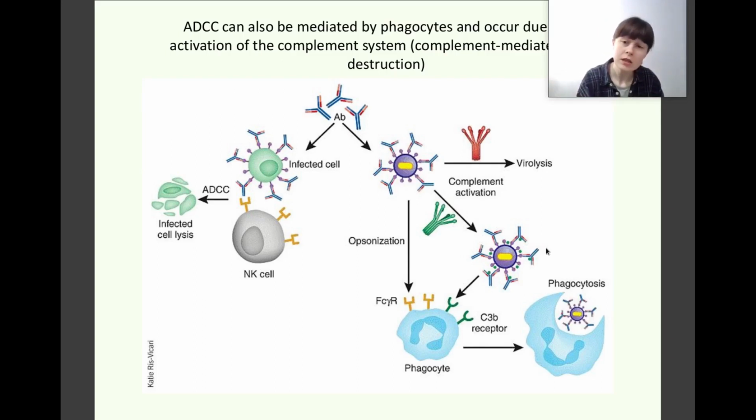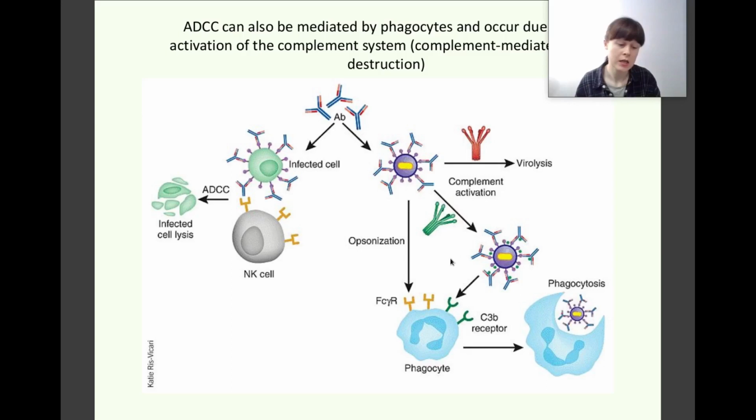And another mechanism here can be opsonization. Byproducts of the complement pathway, if you remember, we have C3b and C4b complements, and these act as opsonins, and they deposit on the target cells.